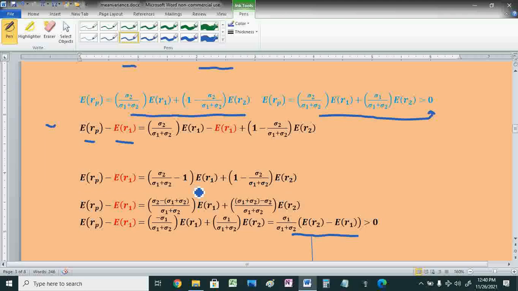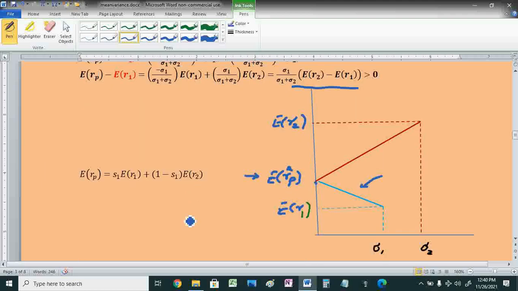So we then know that this ERP hat has to be greater than ER1.